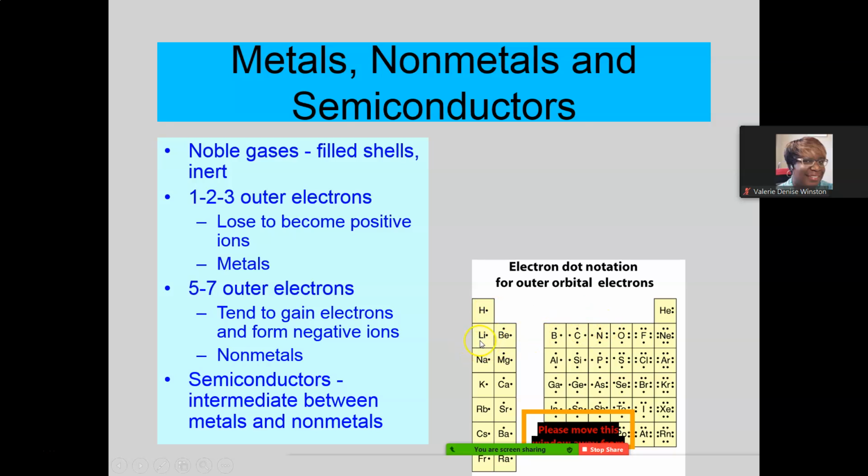See, the one before lithium was helium. The one before sodium was neon. So if you lose that electron, they have filled outer shells. But they're not neon, they're sodium ions. Okay? Remember, it's the protons that determine the nature of the element. The electrons, all they do is tell whether they are charged or not. Okay?